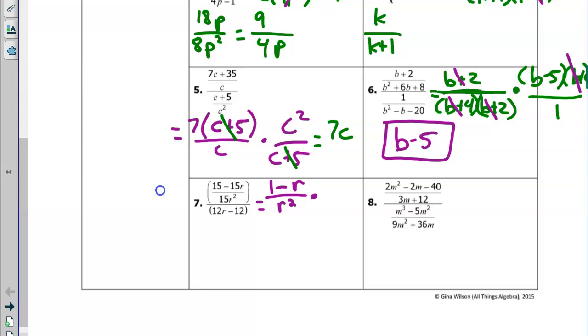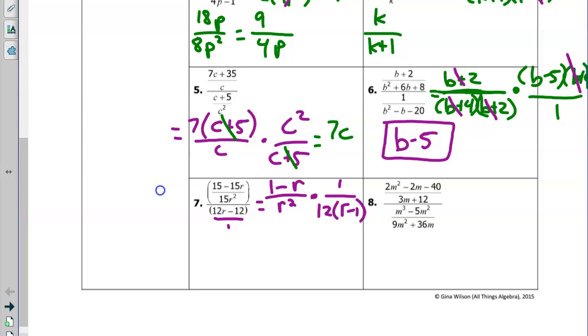Alright, now what about the bottom? What happens to the 12r minus 12? So this is understood as over 1. What do I multiply by? The reciprocal, right? So when I multiply, I have 1 in the top. Let's factor 12r minus 12. What would 12r minus 12 factor to? 12 times r minus 1.